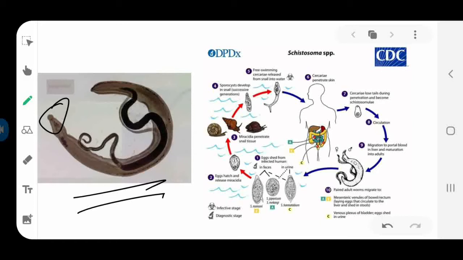When they mature into adults, the adults then migrate to their ultimate home in the intestinal veins or the venous plexus of the genitourinary tract. Eggs appear in stool or urine 1 to 3 months after penetration. The adult worm lifespan is 3 to 7 years.